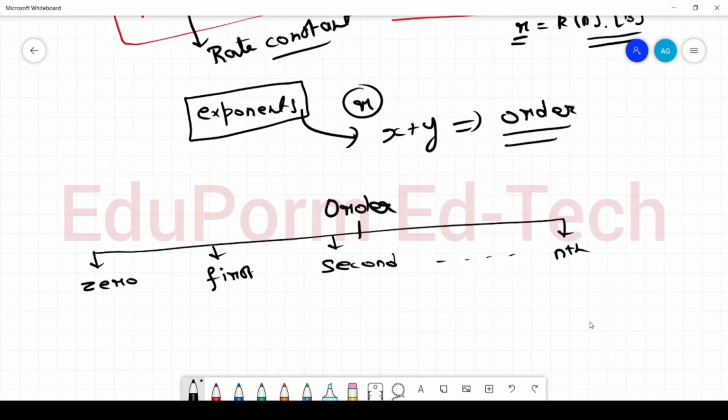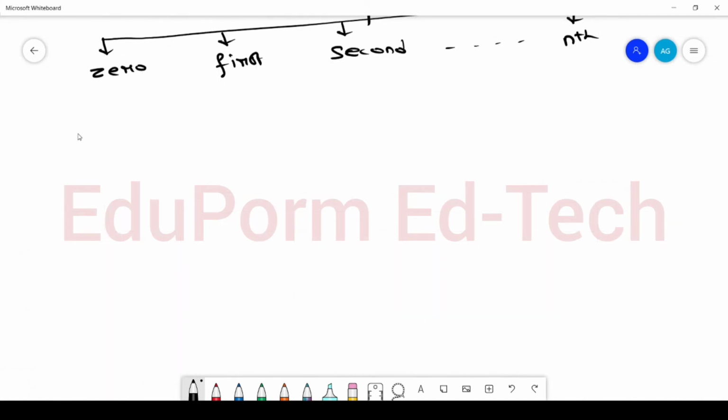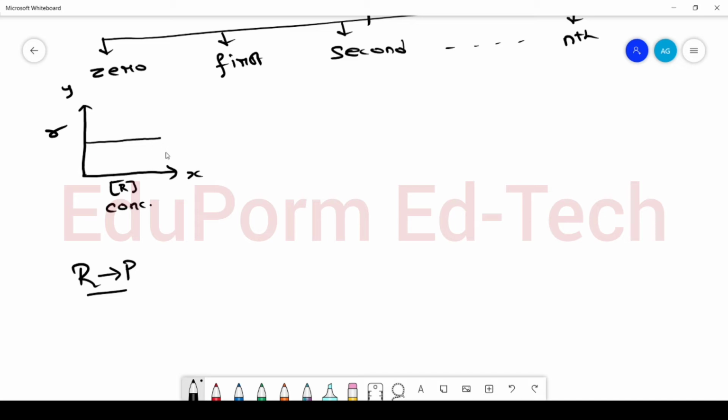Now in case of zero order reaction, let me draw the graph. This is the rate of reaction on the y-axis, and on the x-axis we have concentration of reactant, and let's say the reaction is R gives P. In case of zero order reaction, as the concentration of reactant increases, there is no change in the rate.